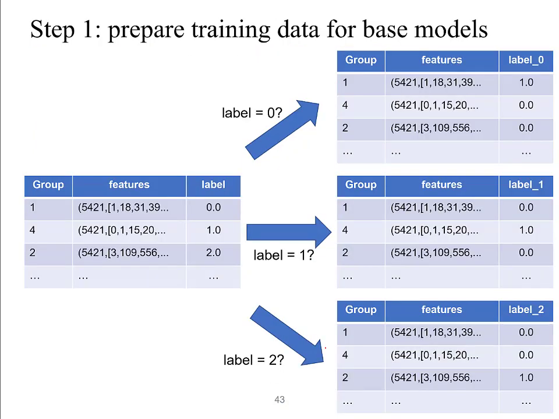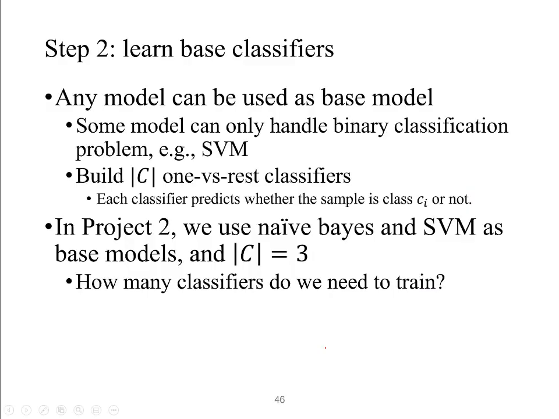Note that because it is a multi-label classification problem, this slide should have been shown before, but basically we have 3 label types. But some models can only handle binary classification problems, for example, the SVM. All right.